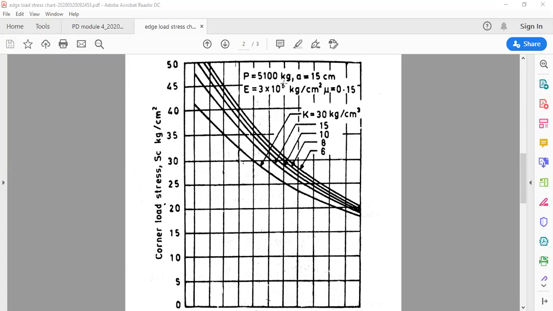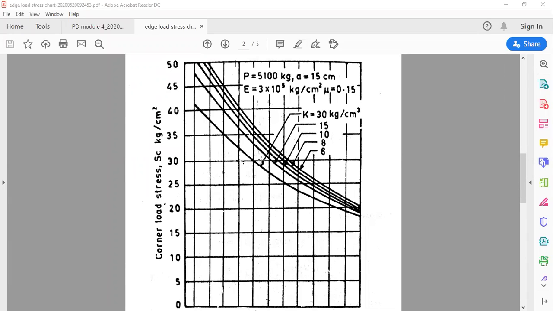So they specifically mention that you need to calculate wheel load stress using IRC design chart. When they mention IRC design chart, then P will be 5100 and E will be 3 into 10 raised to 5, and your K value will be from 30 to 6.